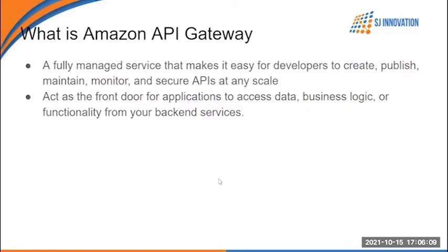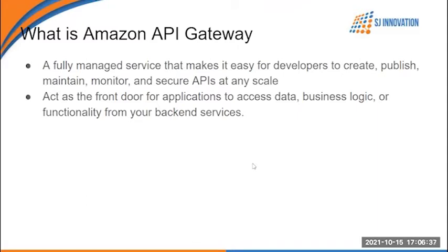So what is Amazon API Gateway? It's a fully managed service that allows developers to create, publish, and secure their APIs at any scale. In the traditional approach, a lot of effort is needed, and the infrastructure required to build an API is way too big.